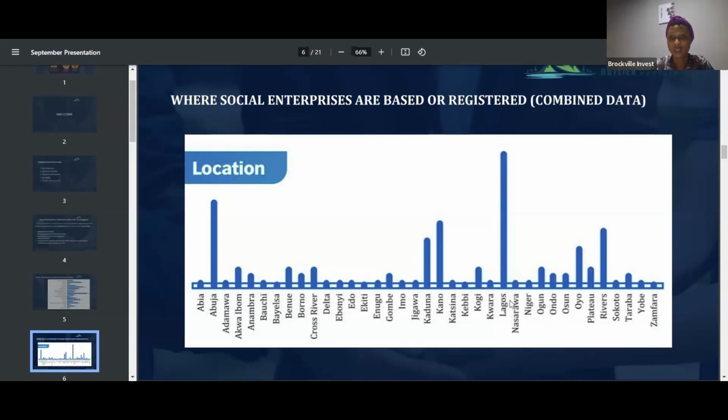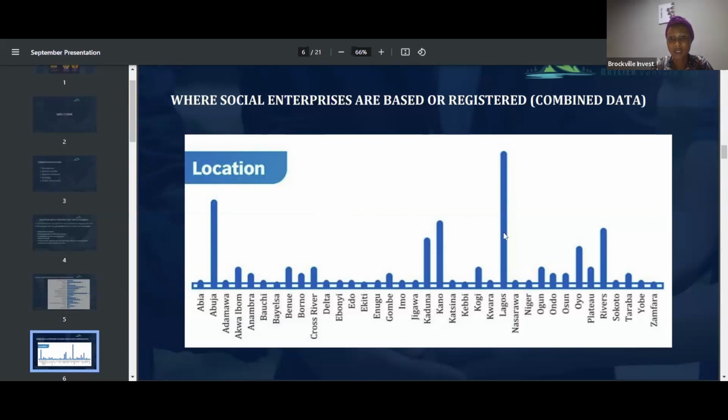As we can see, Lagos has the highest percentage of social enterprises being brought up, followed by Abuja. The reason the ranks of Lagos and Abuja are high is that they are closer to investors and hubs.